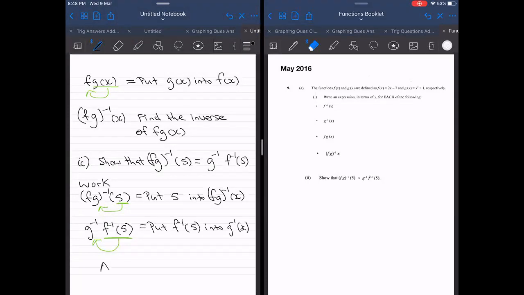And your aim is to show you get the same answer for both. Right, because it says show that they're equal, which means that the answers must be the same.